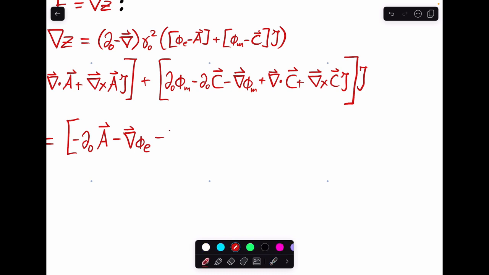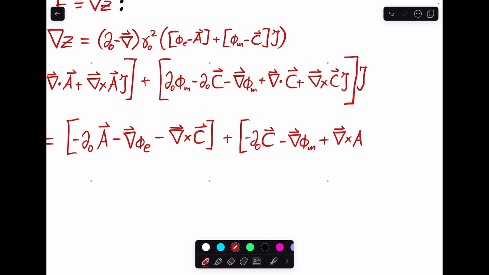We can get minus curl of C. And we get a similar result on this side. And this curl of A comes from over here. There's an i, you can factor it out here.